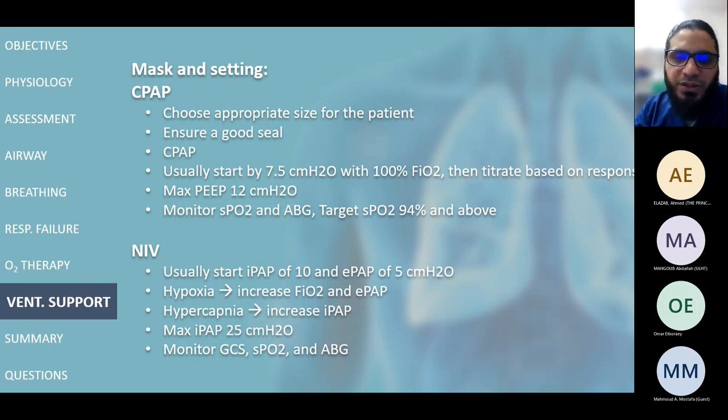If the carbon dioxide is not cleared enough, you can increase the inspiratory pressure. The maximum inspiratory pressure tolerated by this support is 25 centimeter water. And again, you will monitor the patient for the response, GCS, saturation and blood gas, and be ready to move to the next step with invasive ventilation if the patient is candidate for.